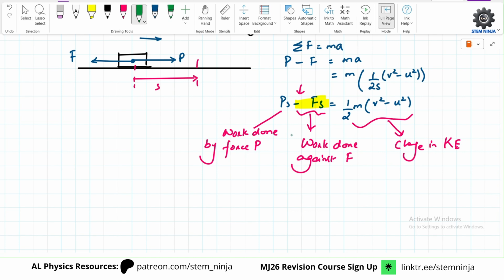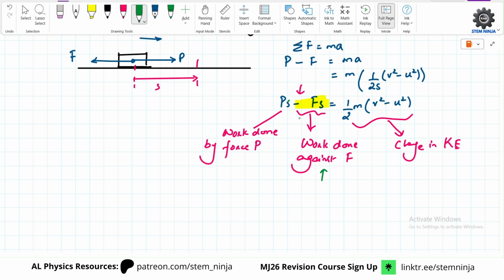So notice one thing, that the work done by force F is not directly turning into change in kinetic energy. The work done against F is causing a reduction from the net work done by force P. So it's reducing the mechanical energy basically.